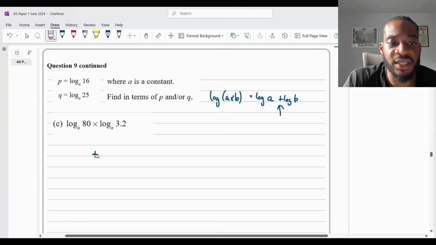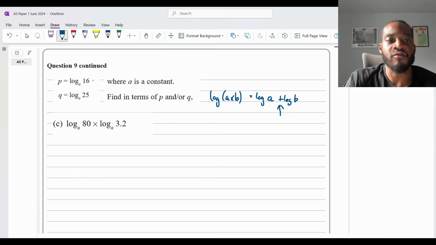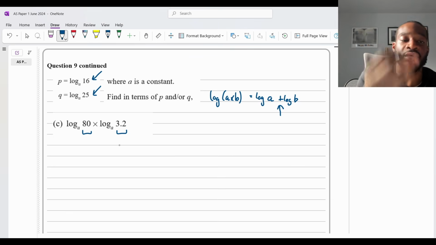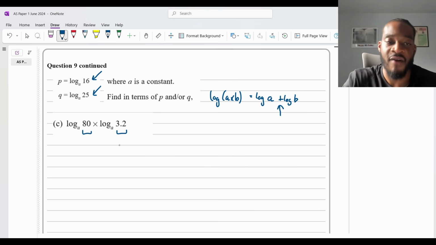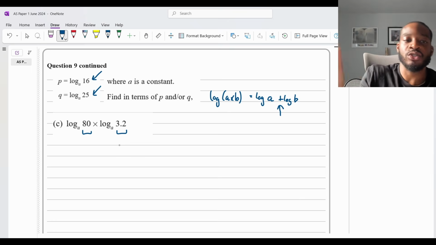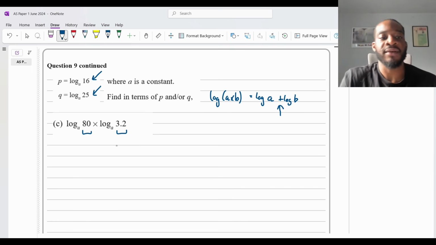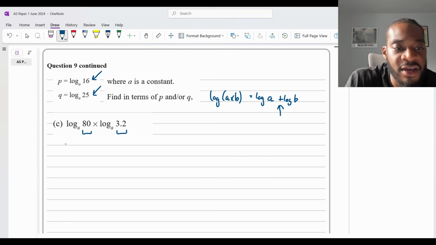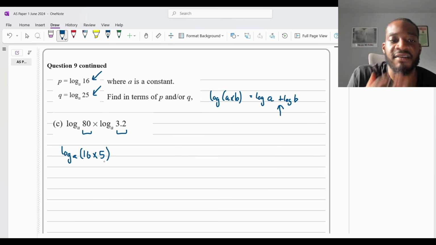So again, when you're doing these types of questions, your points of reference are 16 and 25. What I'm going to do is have a look at these numbers 80 and 3.2 and see if I can write them in terms of 16 and 25 or factors of them, because with the factors, you can manipulate quite easily. Now 80, immediately, I know that's 16 times 5. So I can write this as log A, and then 80 is just 16 times 5, isn't it? 16 times 5 is 80.